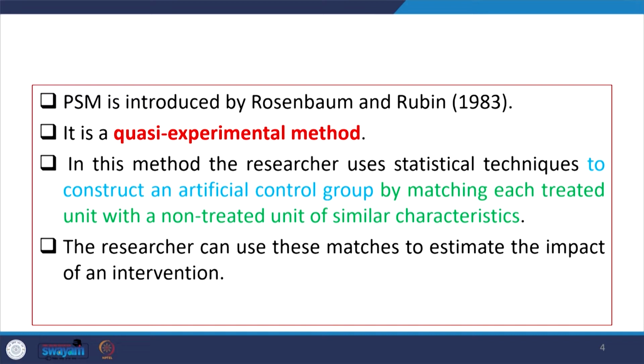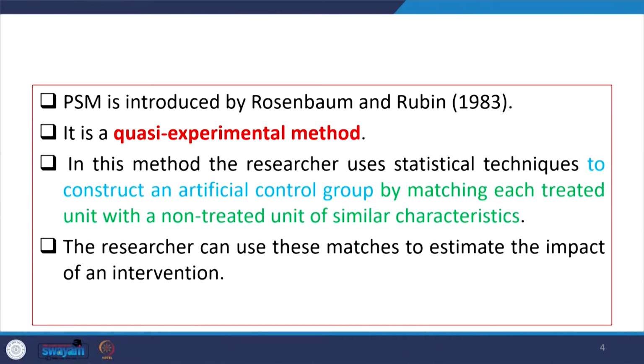RCT is usually called the experimental design or method, but this is quasi, not exactly tapping the impact of one on another. There is no clear understanding of the cause and effect relationship. In this method, the researcher uses statistical techniques to construct an artificial control group by matching each treated unit with a non-treated unit of similar characteristics. So, first of all, an artificial control group is created.